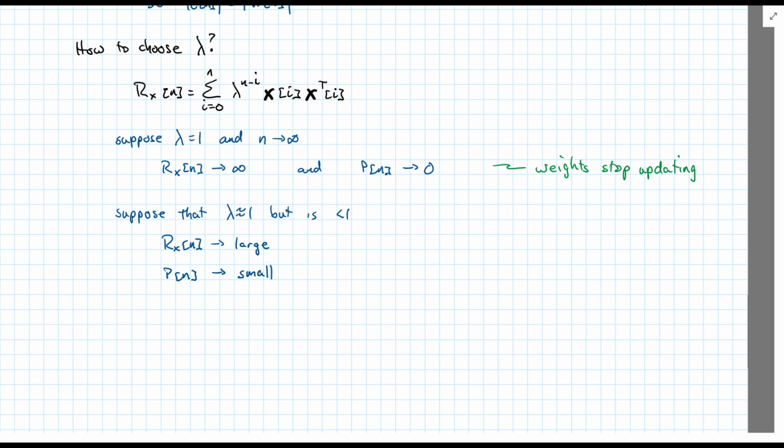In this case, the weights continue to update very slowly after time. They may be fast at first. There is something subtle about this particular situation that will come up later when we talk about the square root RLS algorithm. And that is, we're dealing with P. If P is very small, then round-off errors can become a problem.